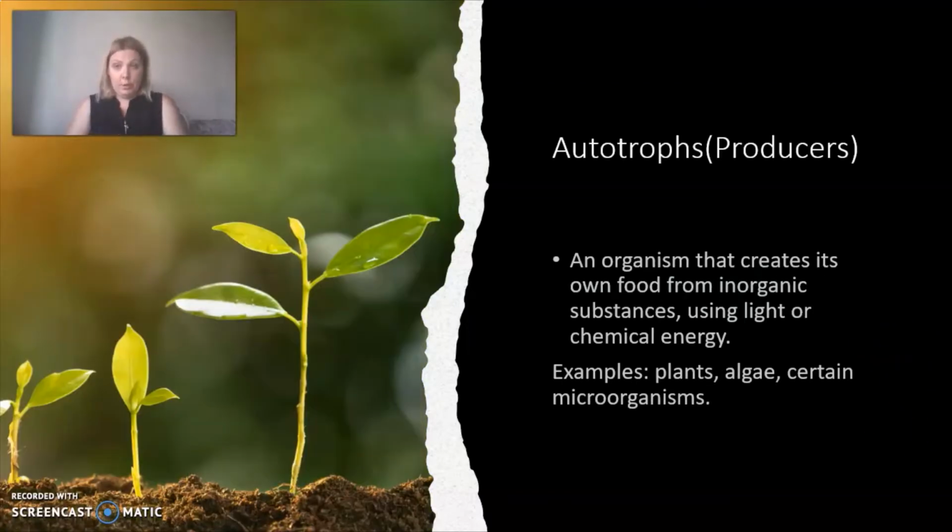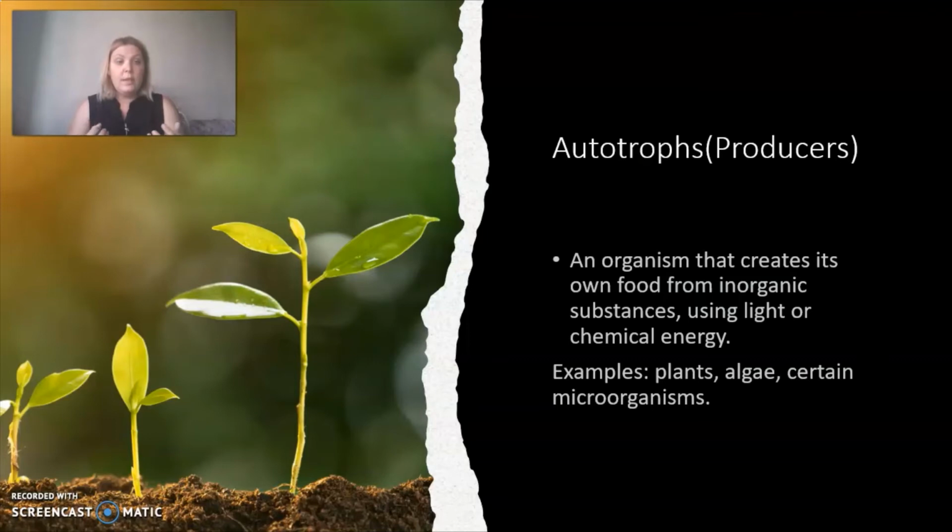Another term that we need to talk about is autotrophs or producers. An autotroph is an organism that creates its own food from inorganic substances using light or chemical energy. Now, what do I mean by that? Consider plants. Plants grow in the soil.